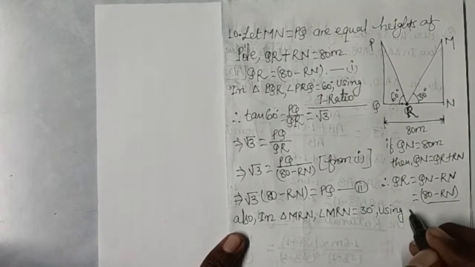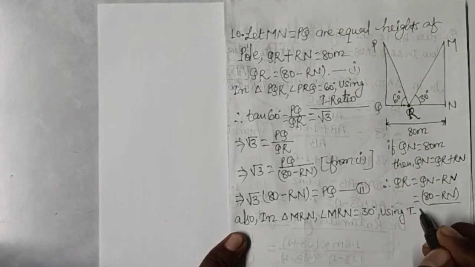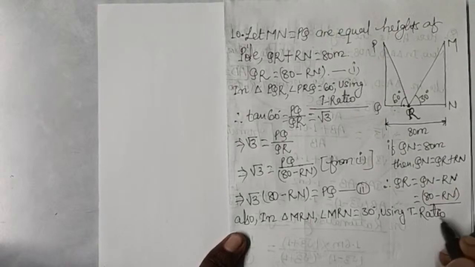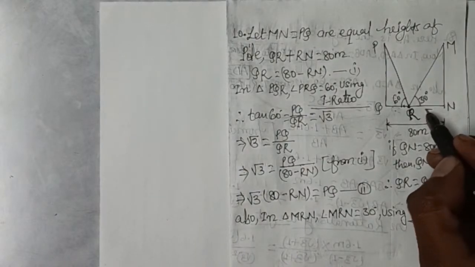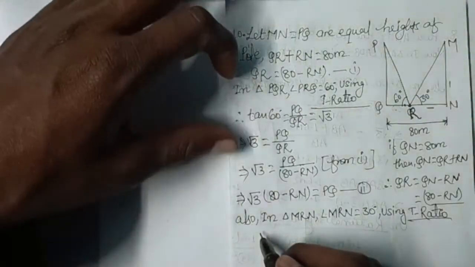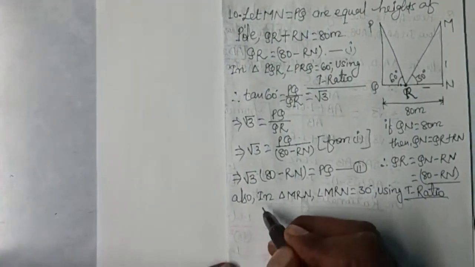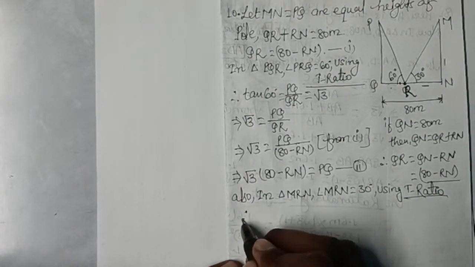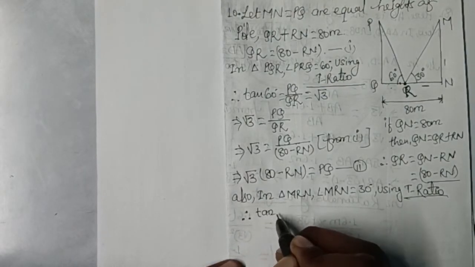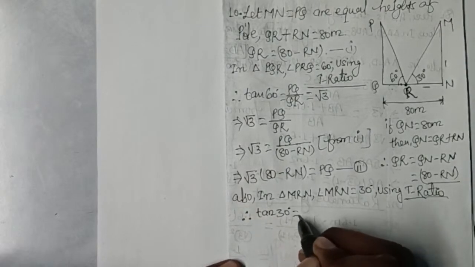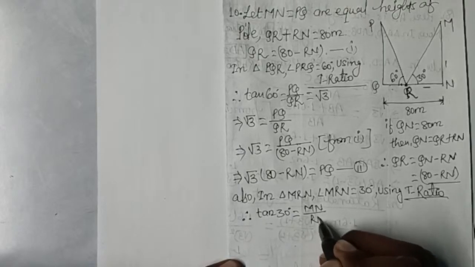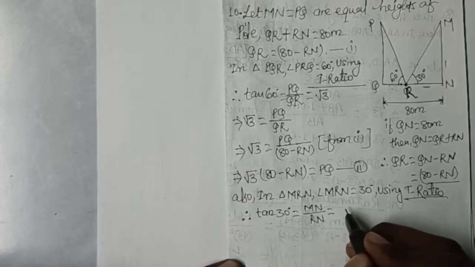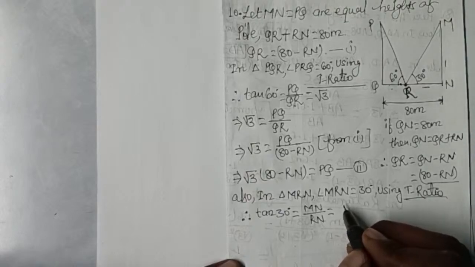Using T ratios, here the relation is the same, that is base and height, therefore it is tan 30 degree. It will become tan 30 degree, that is MN by RN, and tan 30 is equal to 1 by √3.